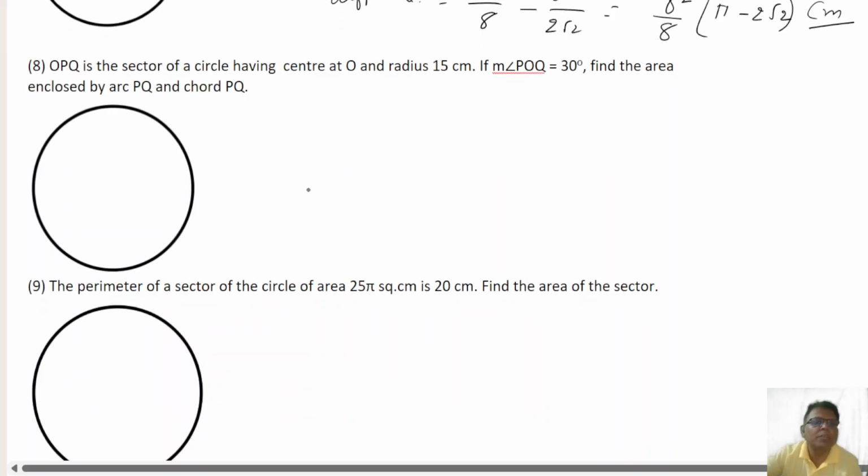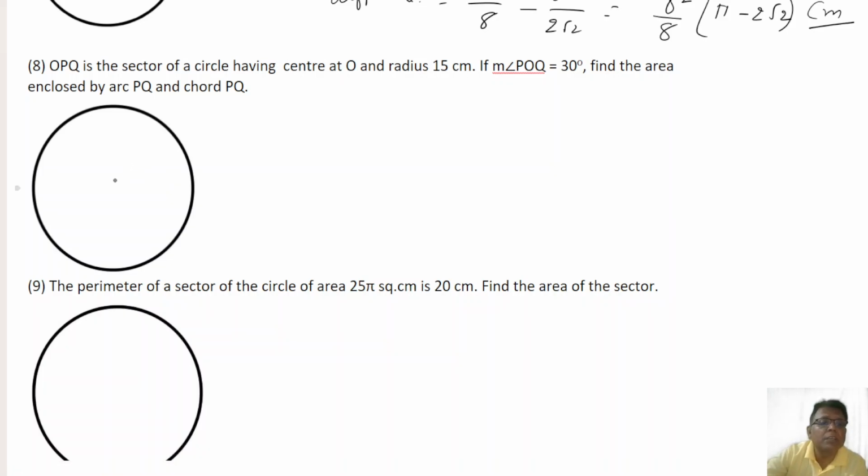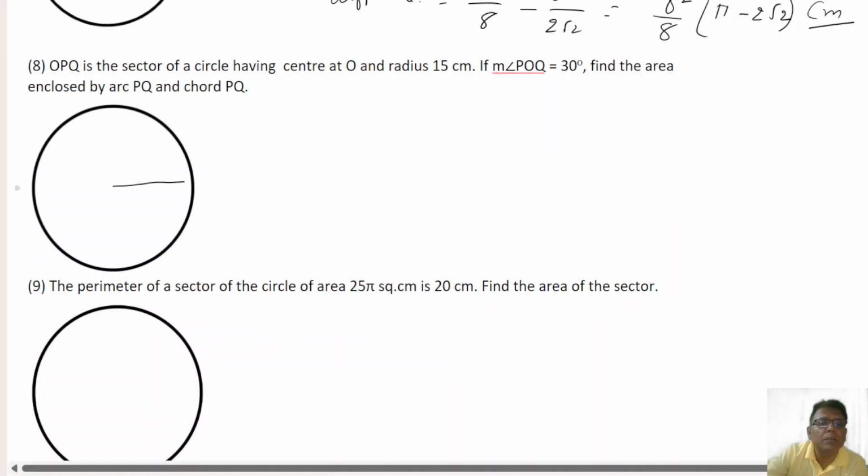So now come to question number 8. Here the radius is 15 centimeter and the angle is 30 degrees. This is P, this is Q, this is O. Find the area enclosed by PQ and the chord PQ. What is this area? So you just subtract it.